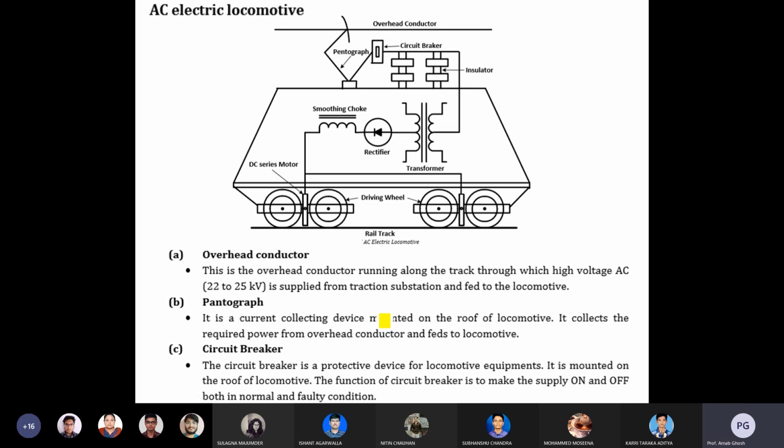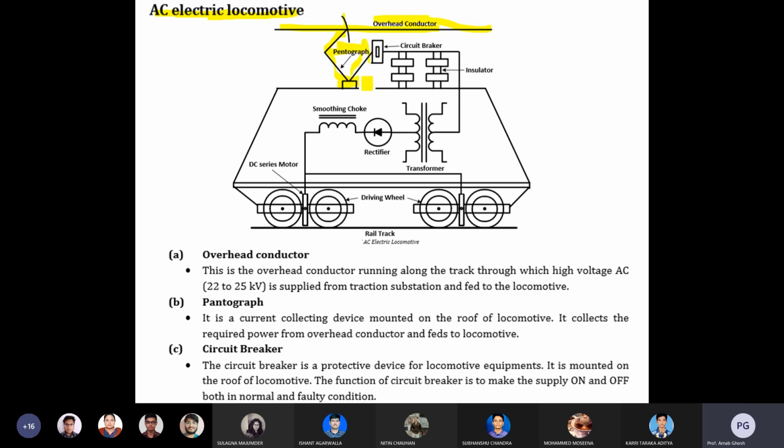Here you can see a pictorial representation for the AC locomotive. The first one is the overhead conductor, which has two wires: one is called the catenary, another is known as the contact wire. Then you can see the pantograph, which is situated on the rooftop.